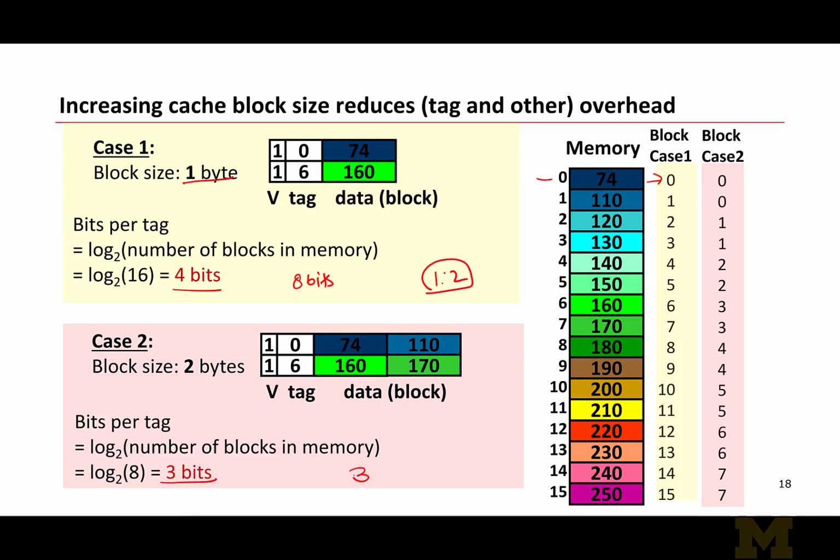So for every 3 bits of tag, I'm able to store 16 bits worth of data, which is much better than what I had before, and therefore the area overhead of my cache is much better. What you see on this column are the tags for block of size 2, and these are the tags for block of size 1, which is the same as the address.